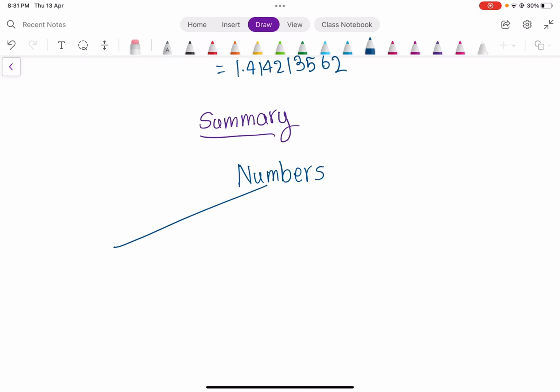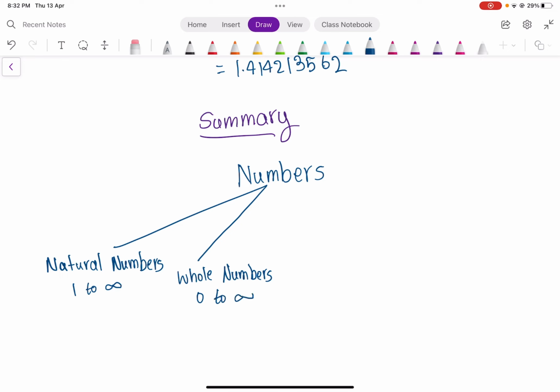They are natural numbers, which are numbers 1 to infinity. Then we've talked about whole numbers, which are numbers 0 to infinity.